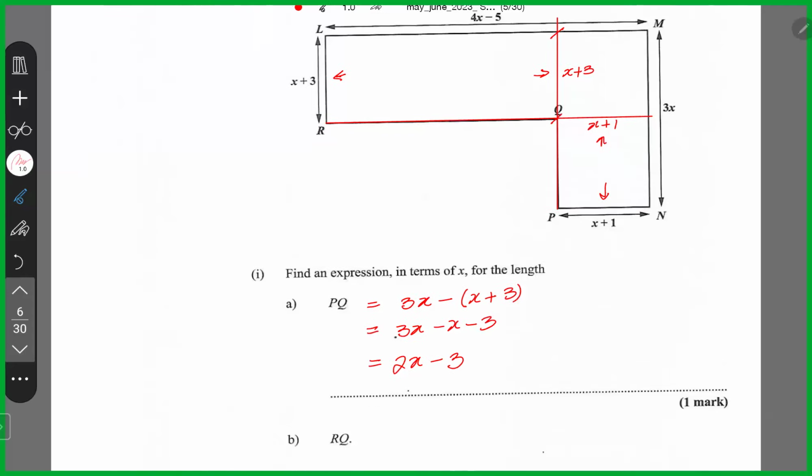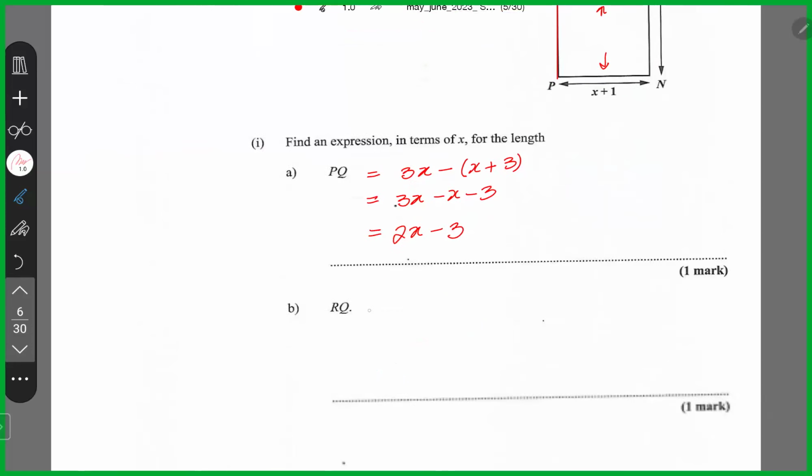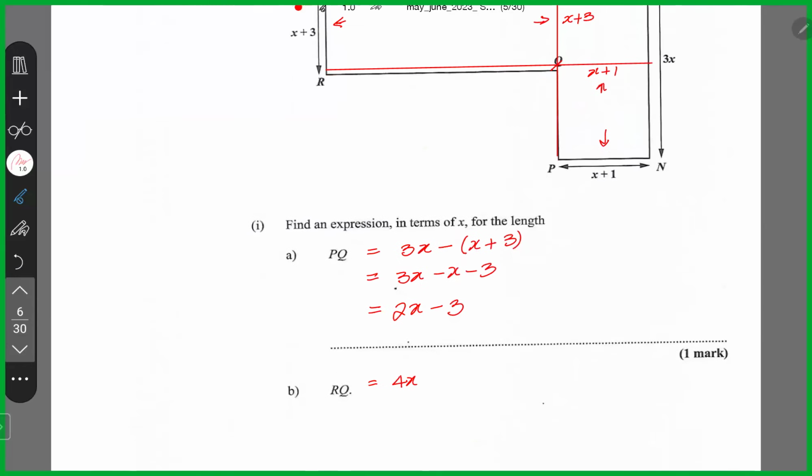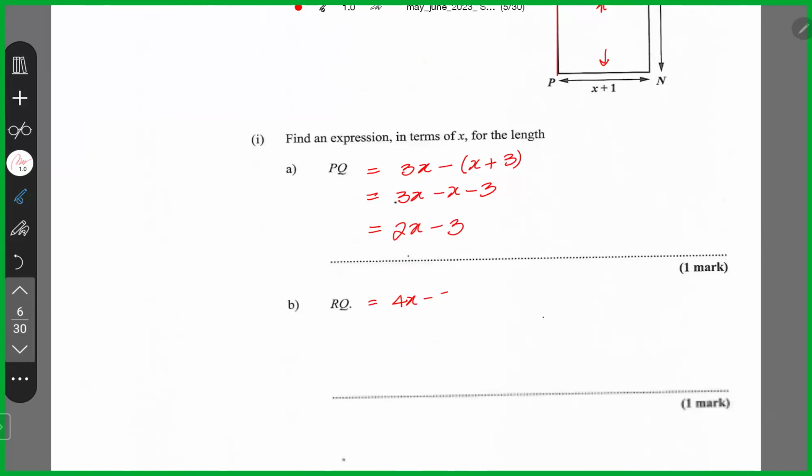So the length of RQ must be equal to 4x minus 5 minus (x plus 1). And of course, you must put that in brackets. So this is 4x minus 5 minus x minus 1.